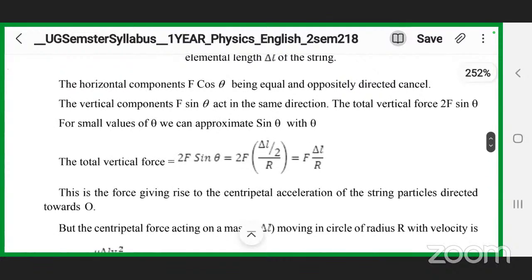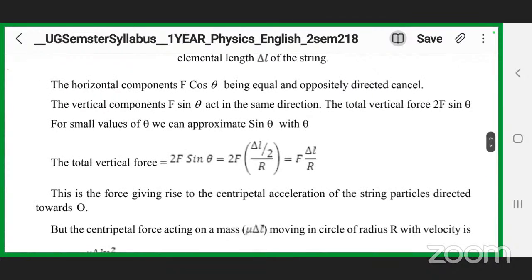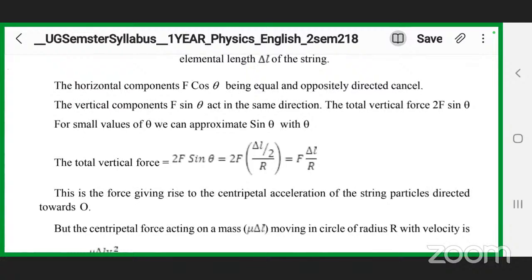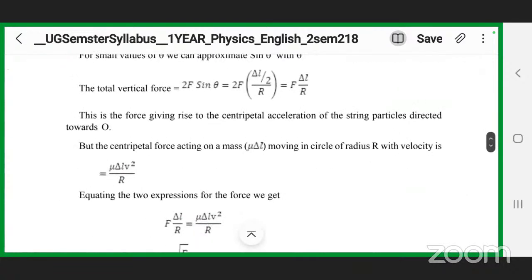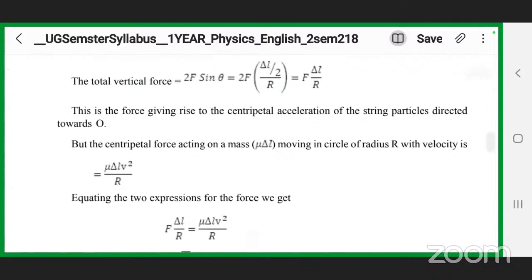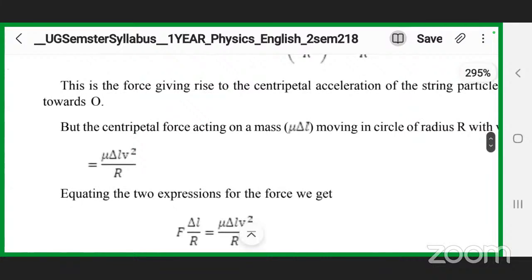And this force gives rise to the centripetal acceleration of the string particle, and it equals the force acting on a mass mu delta L moving in a circle of radius r. You can equate it. What is the mass?